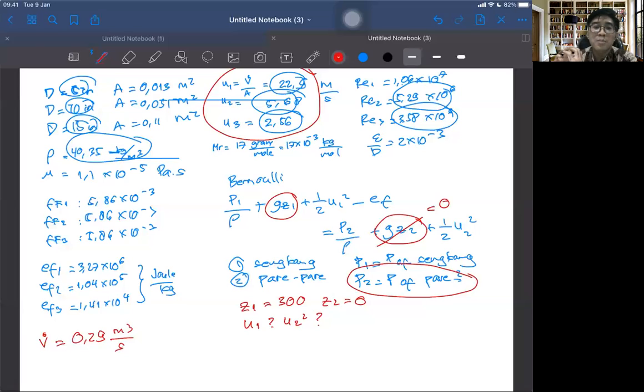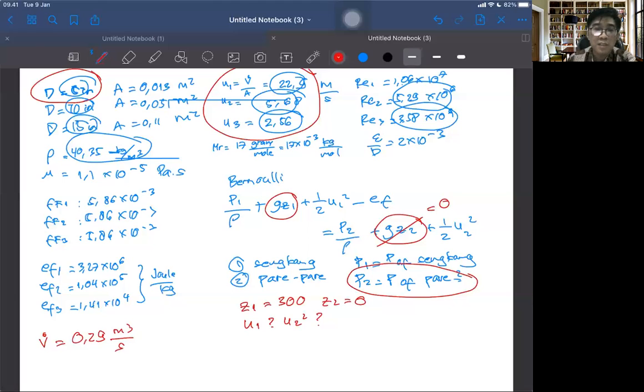One value of diameter means one value of area. It means one value of velocity, right? Yes, sir. Throughout the journey, the velocity is constant as well, because the pipe only has one diameter.